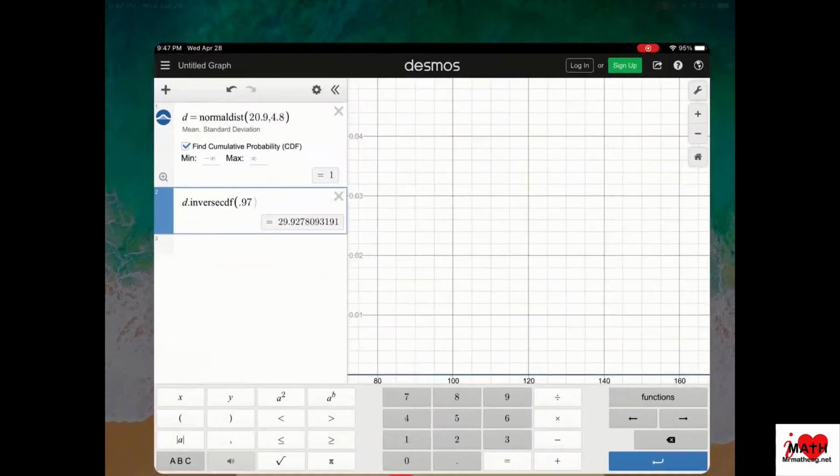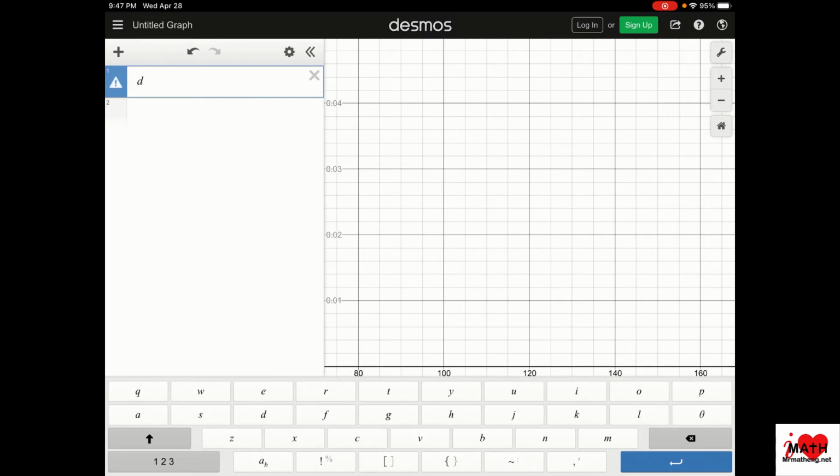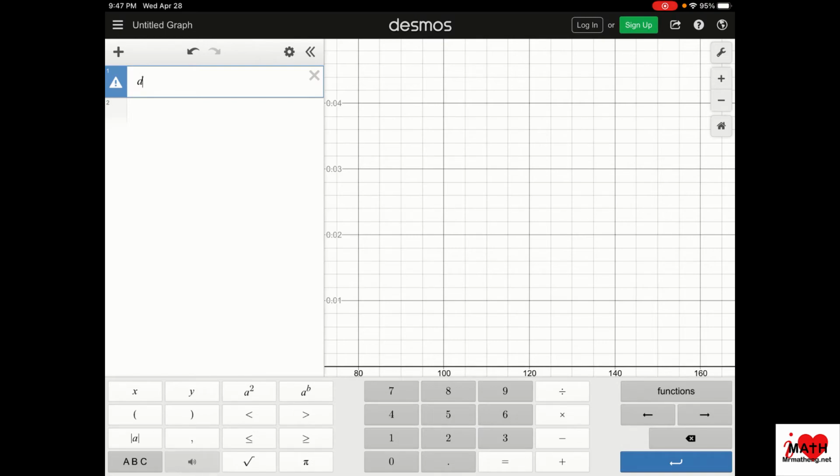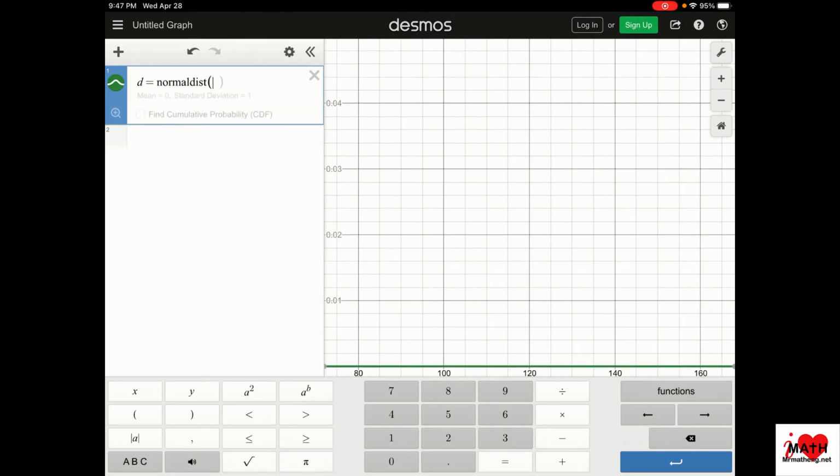If you did that on Desmos, again, let's start over, just make sure you know how to do that. D equals, that's just the formula that you have to put in here. Functions, click on distribution there, and then normal distribution, and we're going to type in 20.9 and 4.8.